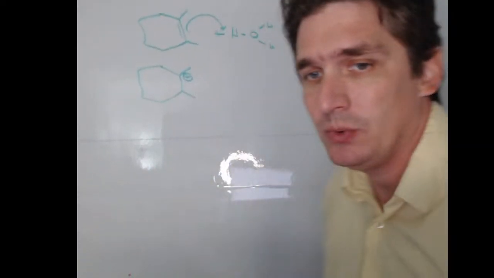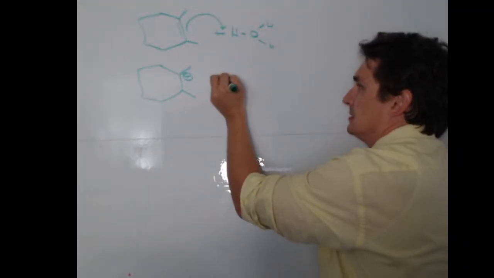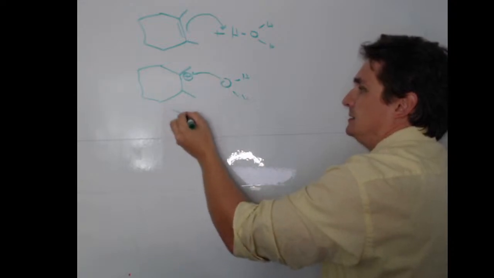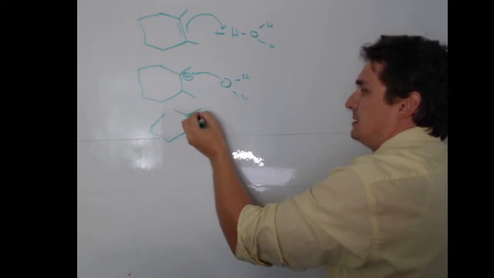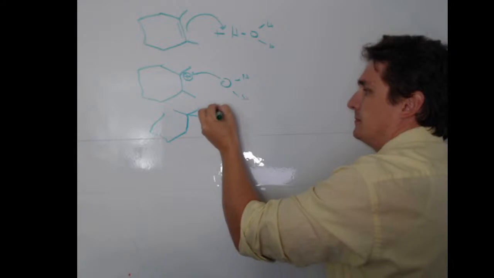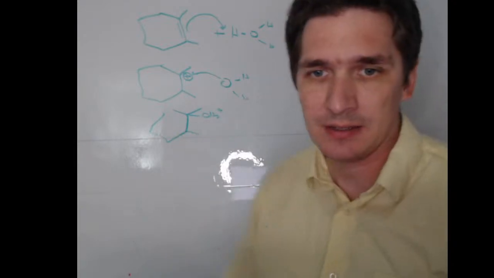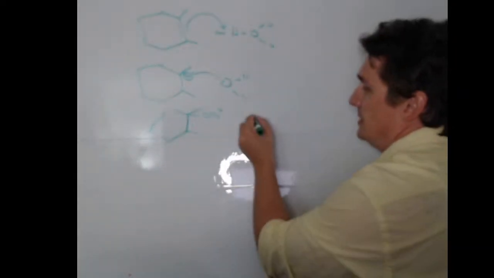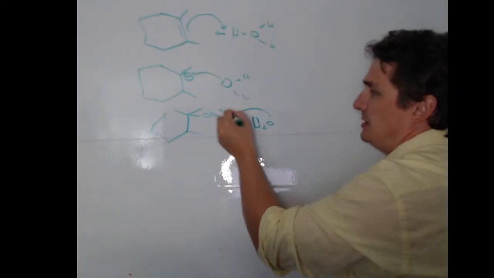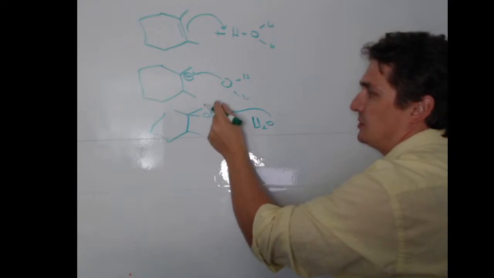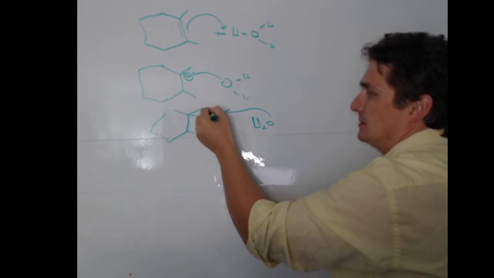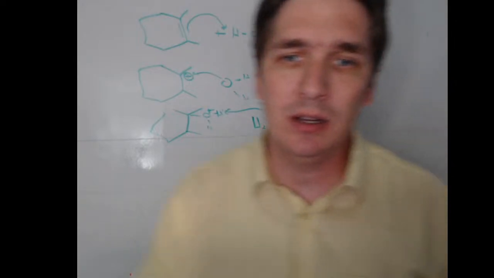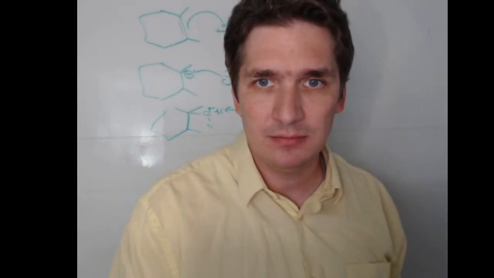The water is then going to attack that carbocation, and we're going to end up with the OH2 complex. And then the OH2 complex will lose a hydrogen to the water. So we draw the hydrogen in there. That's how we'll end up with the 1,2-dimethylcyclohexanol.